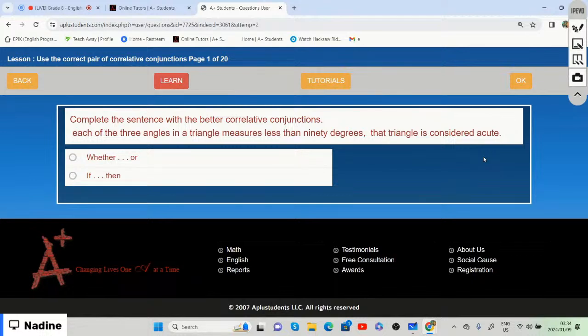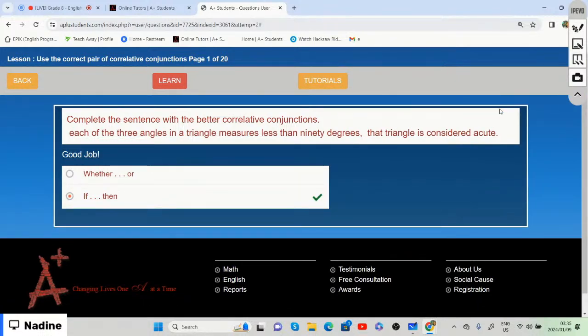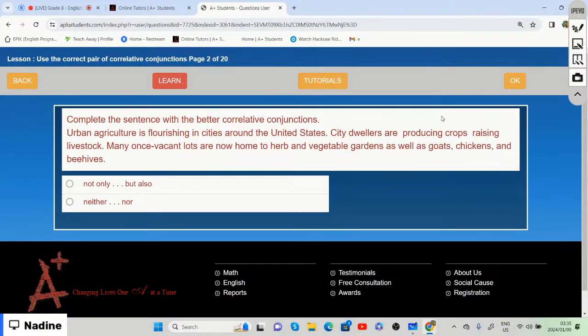Or do we say if each of the three angles in a triangle measures less than 90 degrees, then that triangle is considered acute. So the second option is correct, which is if and then.